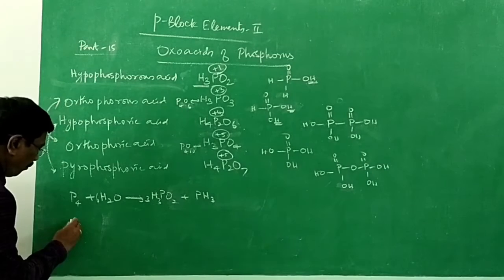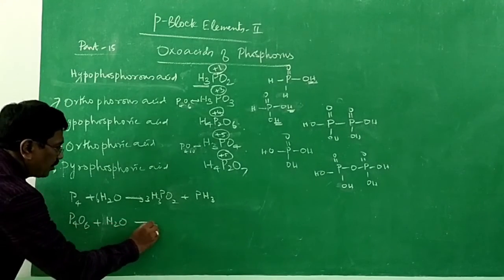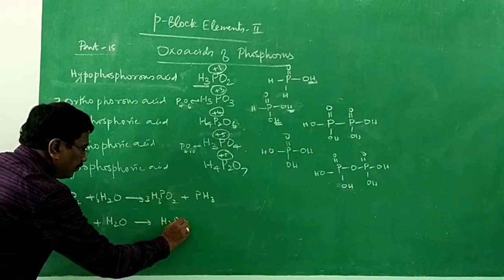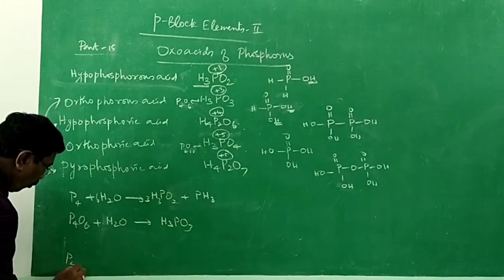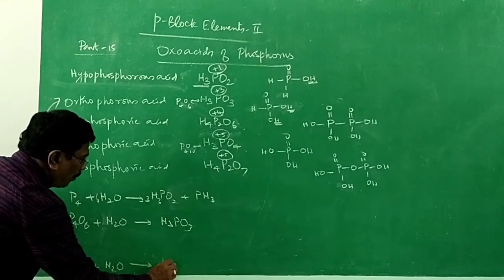Hydrolysis of P4O6, phosphorus trioxide, should result in the formation of phosphorus acid. Hydrolysis of P4O10 should result in the formation of orthophosphoric acid H3PO4. That's all.